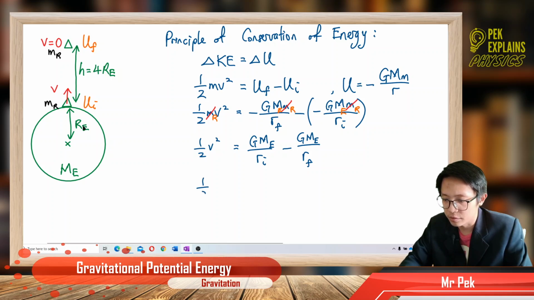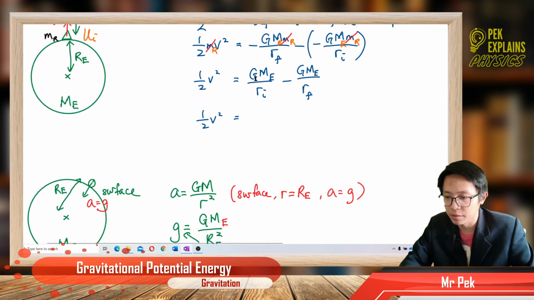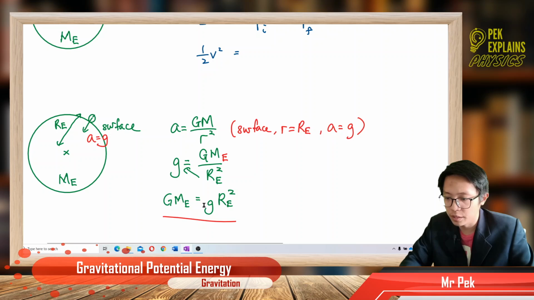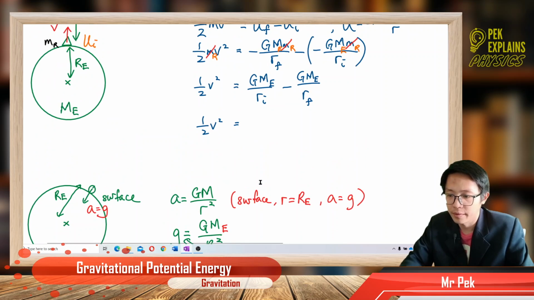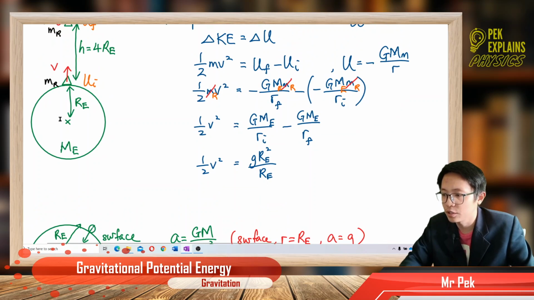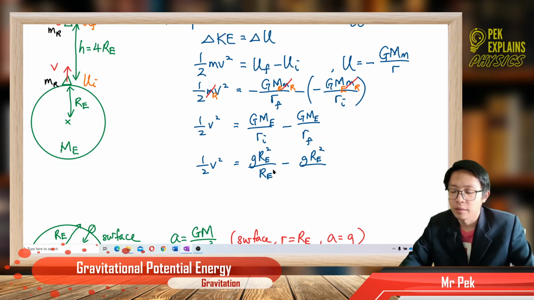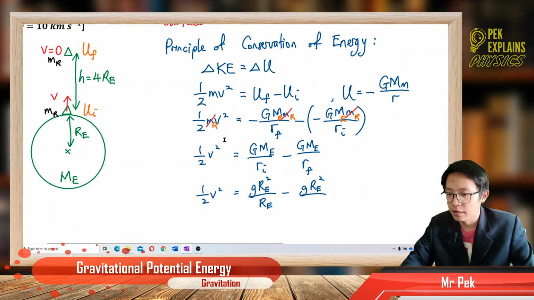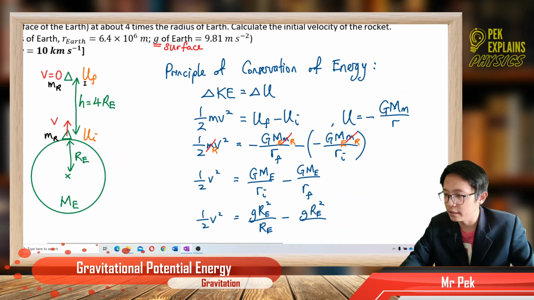Also substitute GM with g R_E squared, and below R_E is the radius of Earth, the initial position. And here also g R_E squared over R final. R final is the distance from the rocket to the center.